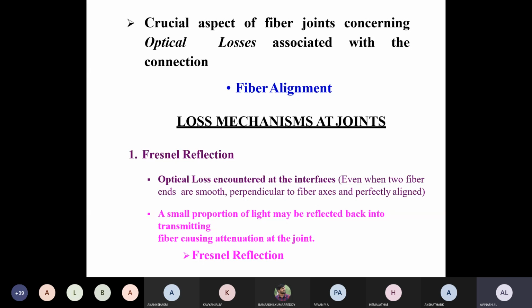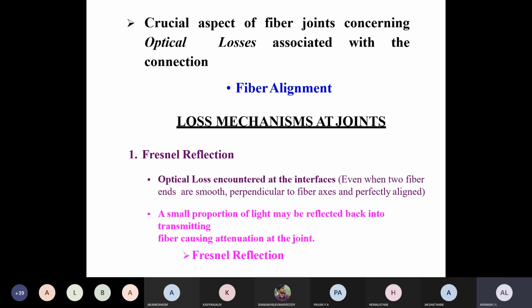Once we get to the interfaces, what exactly happens? A small proportion of light may be reflected back into the transmitting fiber, causing attenuation at the joint. When a little part of the energy is reflected, some amount is lost.